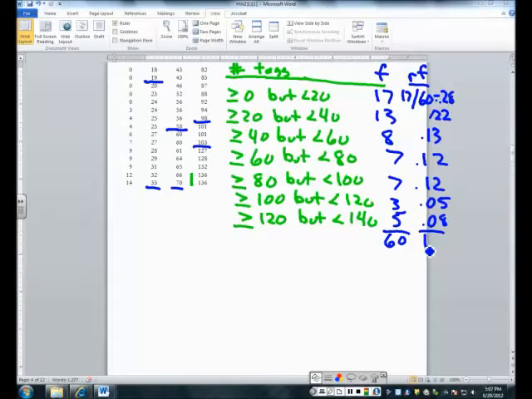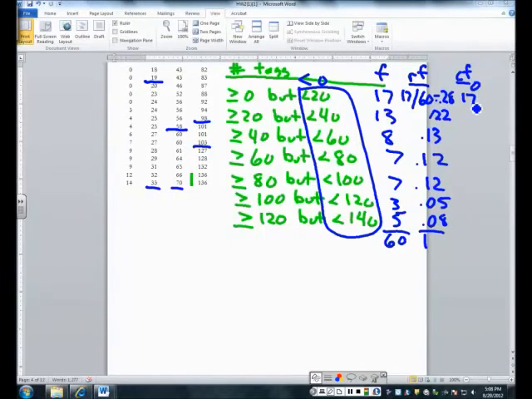So I've got the frequencies and the relative frequencies. Now I'm going to get the cumulative frequencies. Less than 0 would have 0 in it, and then less than 20, I have 17 values.